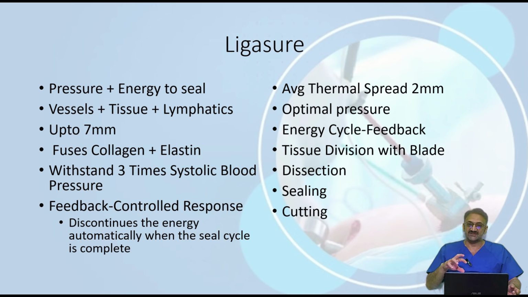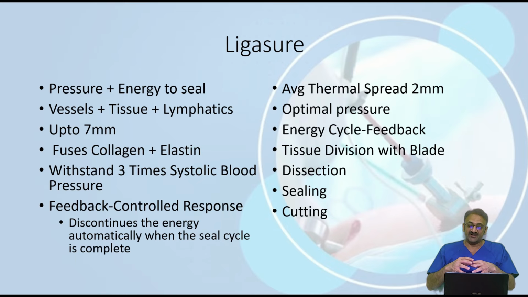It fuses the collagen and elastin fibers in the tissue, and this coagulation can withstand 3 times the systolic blood pressure of the patient. For example, if the systolic blood pressure is 120, the sealing of a vessel by ligasure can withstand 3 times the systolic blood pressure.